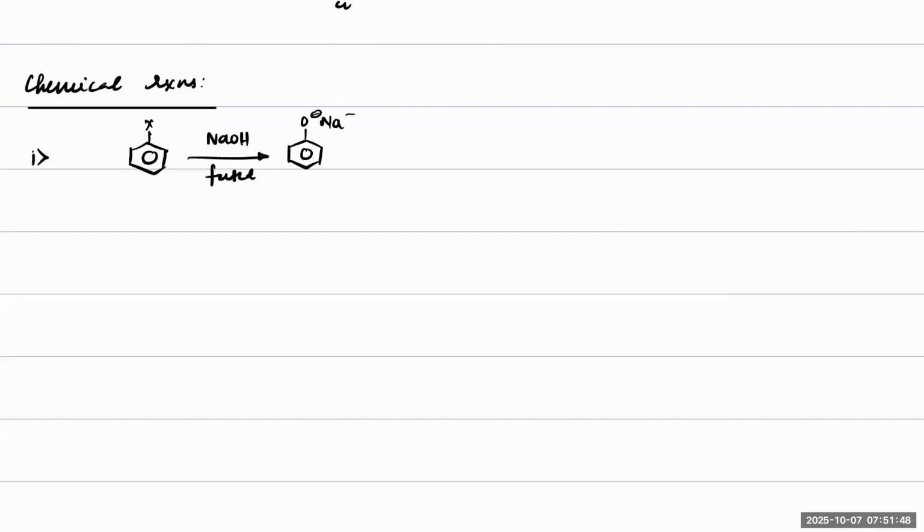That on hydrolysis will give us phenol. Now this is called Dow's process. Mechanism in this case will be via benzyne form. Benzyne will form in this.